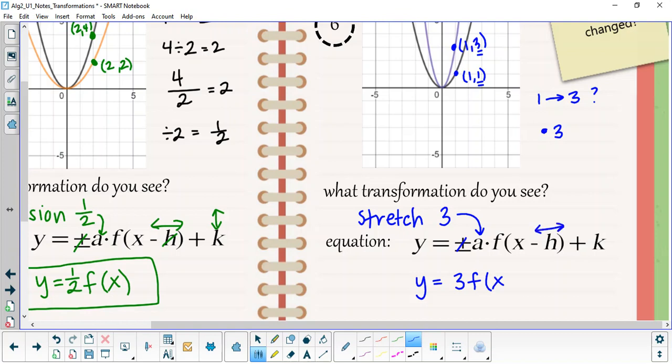H tells me left and right, which I don't have. K tells me up and down, which I don't have. So this would be my equation. So just remember, you don't have to use all of the letters, the A, the H, and the K. Those are just the possible transformations that can occur.